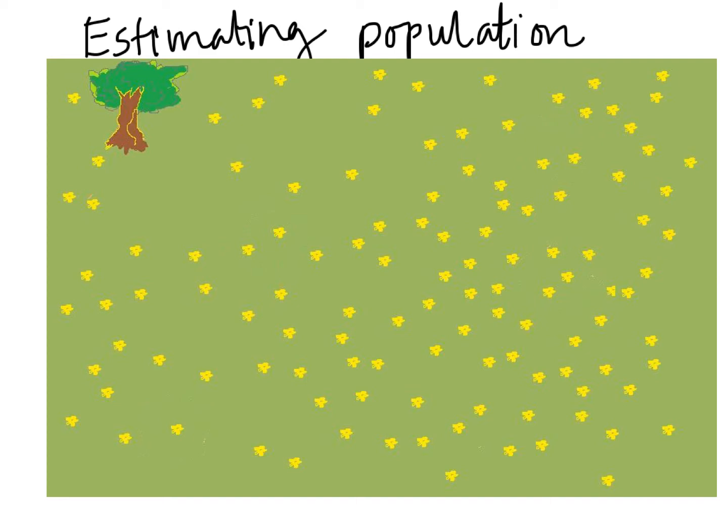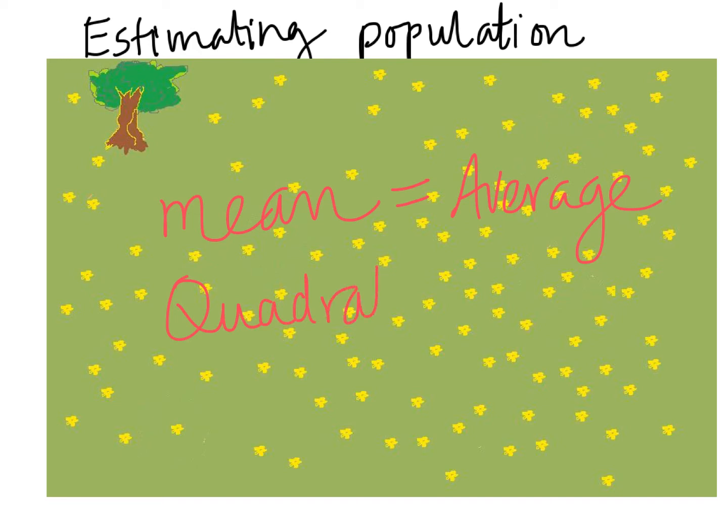So mean and average are the same thing. We will be using these terms, so bear that in mind. We are going to use quadrats to estimate the population of daffodils in this lawn.